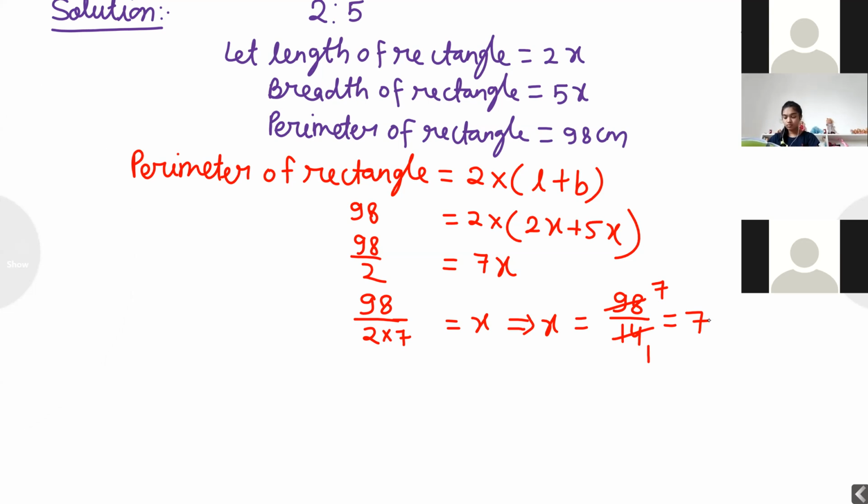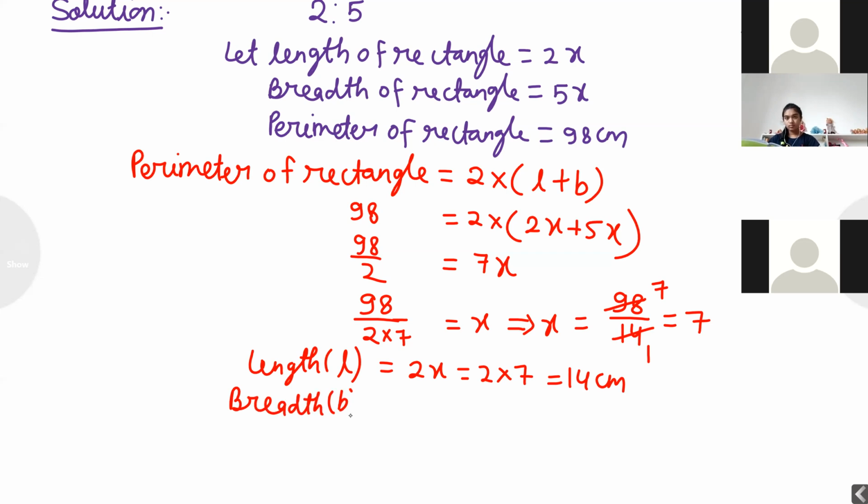I want to find out length. Length, what is length? 2x. The value of x is 7. Length L is equal to 2x. In the place of x, I substitute 7. 14 centimeter.